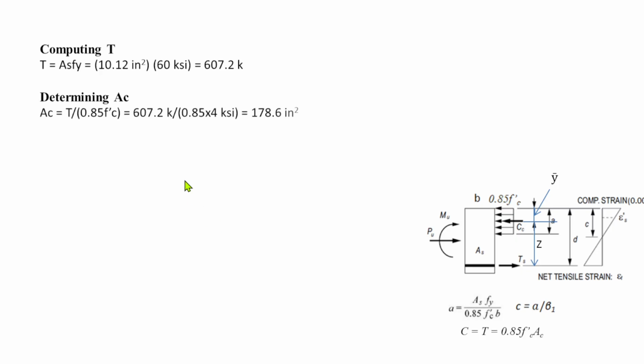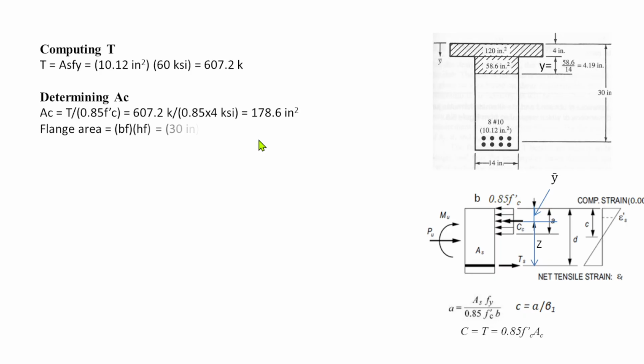So Ac is equal to T over 0.85 f'c, which is 607.2 kips over 0.85 times 4 ksi, and that is equal to 178.6 square inches.